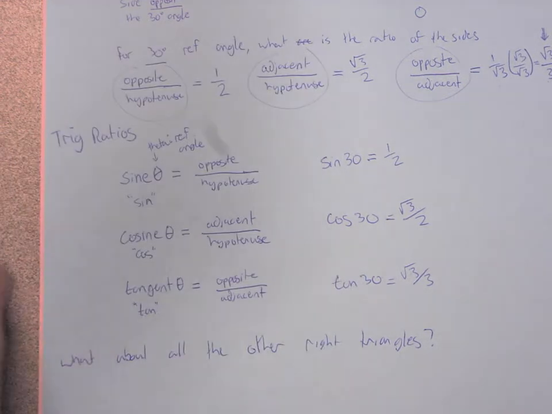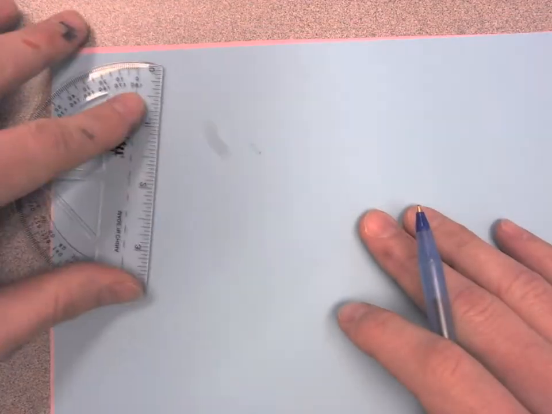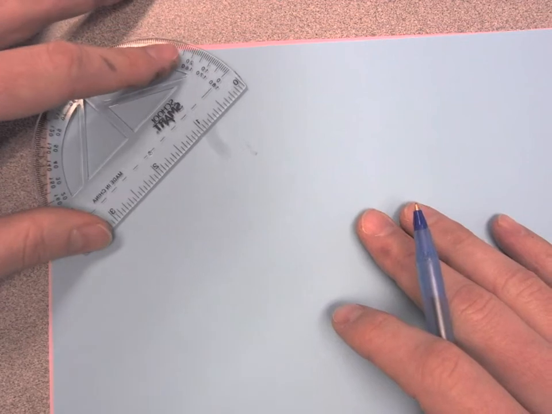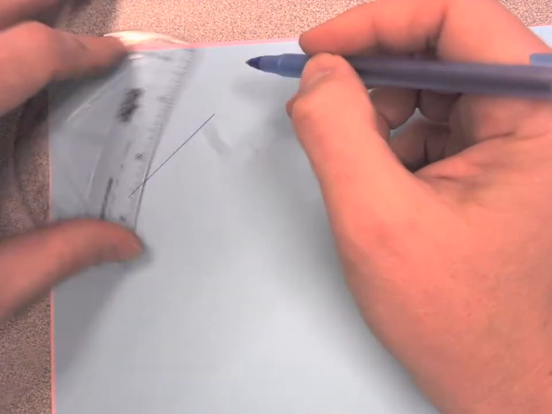So let's draw another right triangle, and let's take a look. I'm just going to do one in any kind of random orientation. Just kind of a funky one.